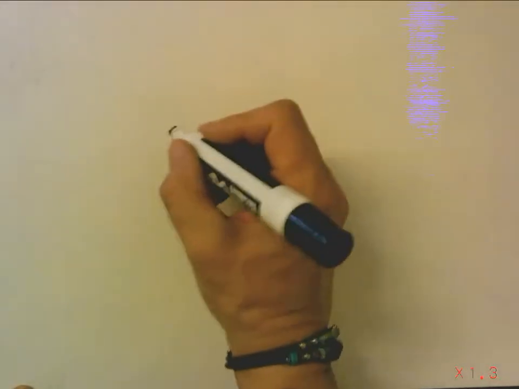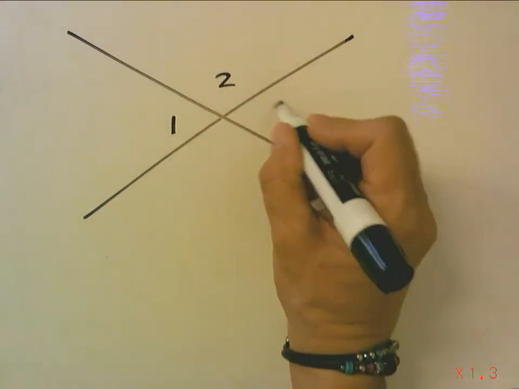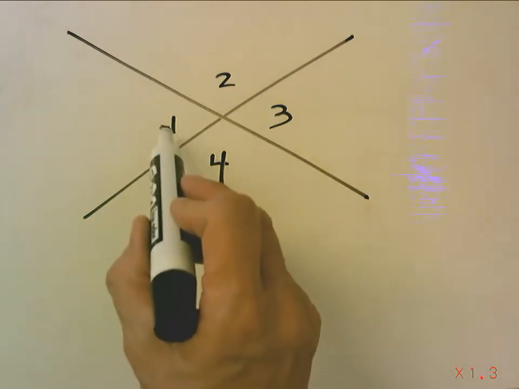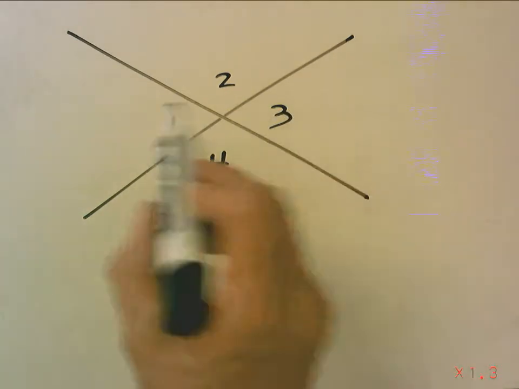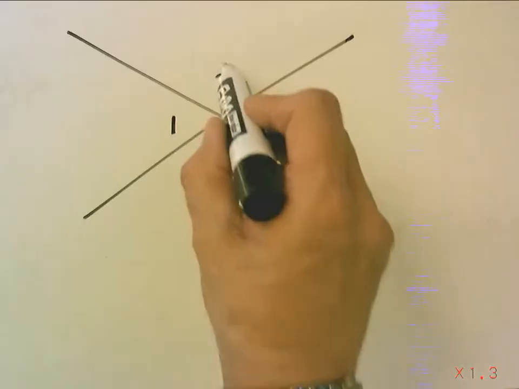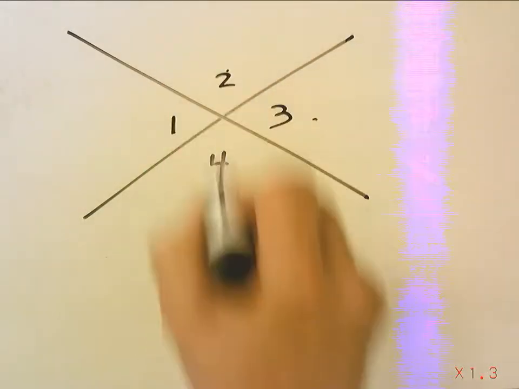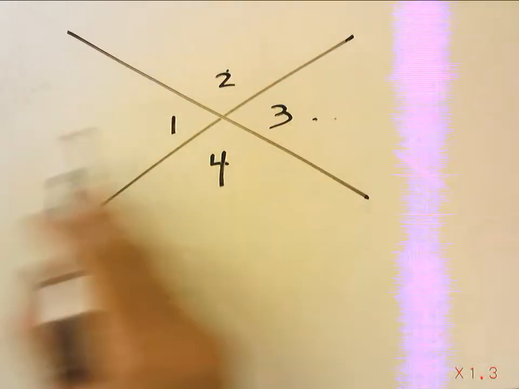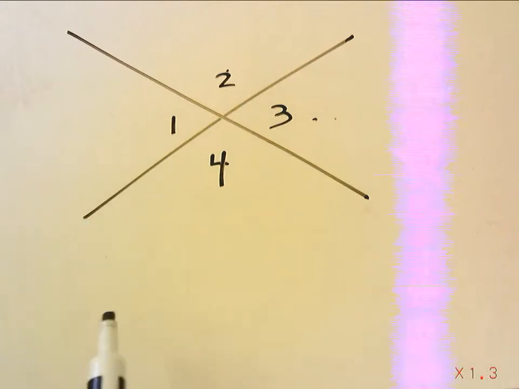Okay? Now, if we turn to page 59, we're going to go over example 3, with angles 1, 2, 3, 4. Angle 1 and angle 3 are vertical angles. Vertical angles are opposite angles. Angle 2 and angle 4 are vertical angles. 1 and 3 have the same measure because vertical angles have the same measure. 2 and 4 have the same measure because vertical angles have the same measure.